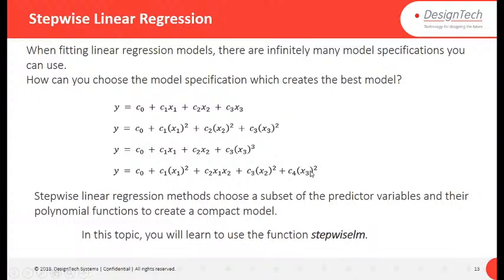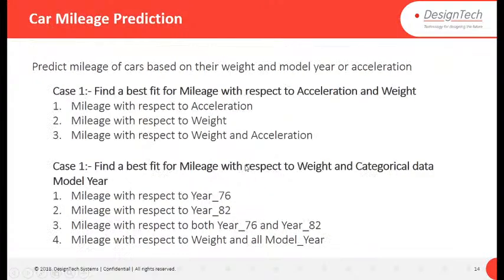So how are we going to choose which equation will be the best? In this case, we can use stepwise linear regression. So in this topic, you are going to learn stepwise LM, that is the inbuilt function in MATLAB, and how we can use this function to choose the best equation for your data. Okay, and the data which I have is this.